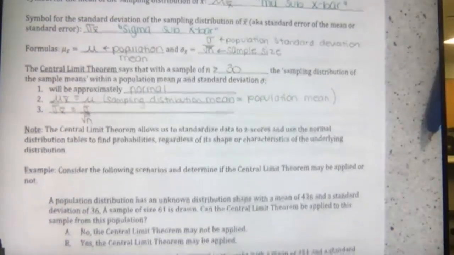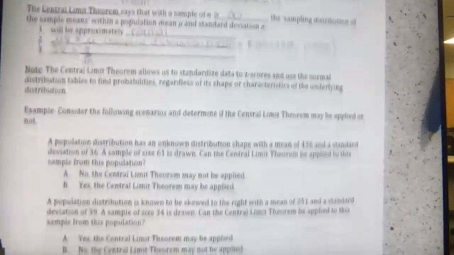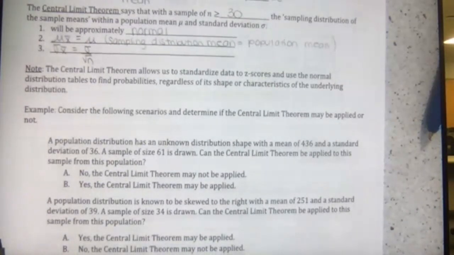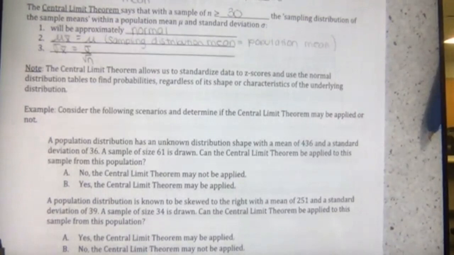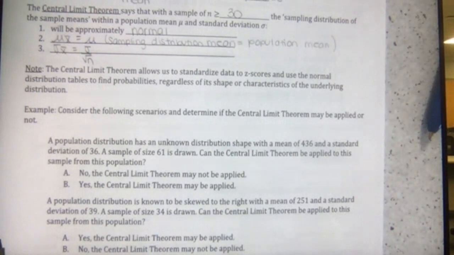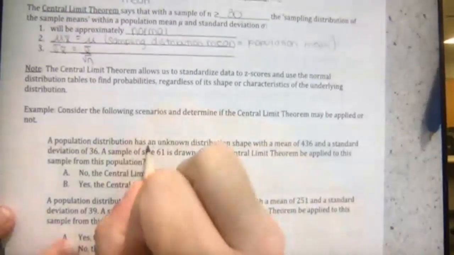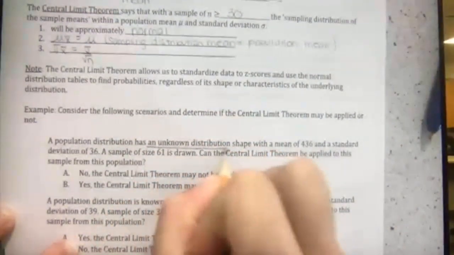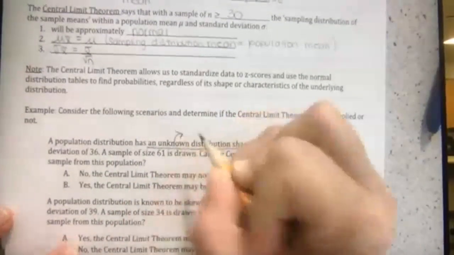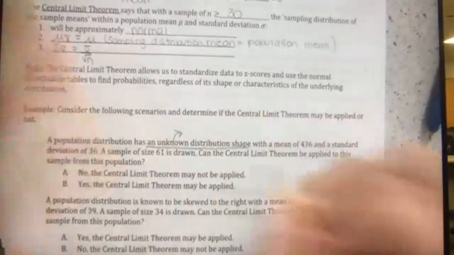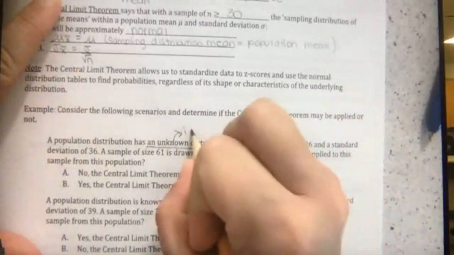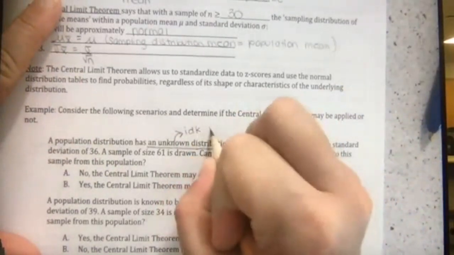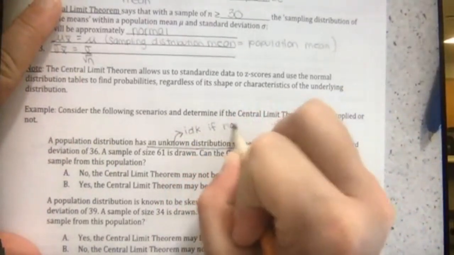So our first example says, consider the following scenarios and determine if the central limit theorem may be applied or not. So it says a population distribution has an unknown distribution shape, and what that means, unknown distribution shape, just means I don't know if it's normal, I don't know if it's skewed. So I don't know if normal or not.